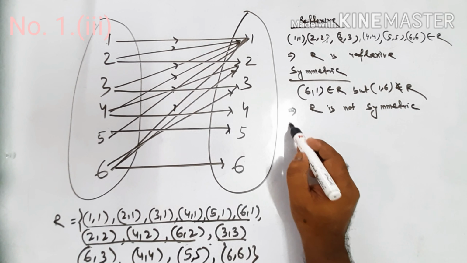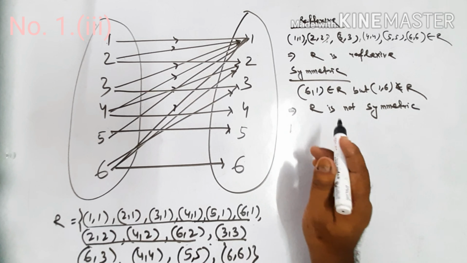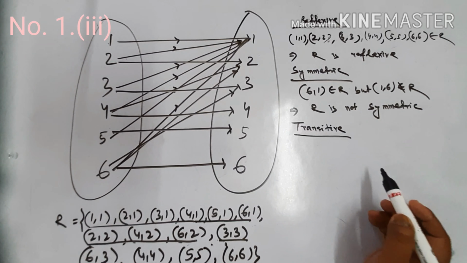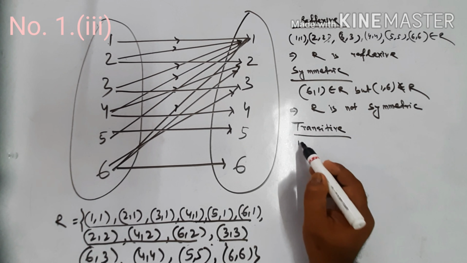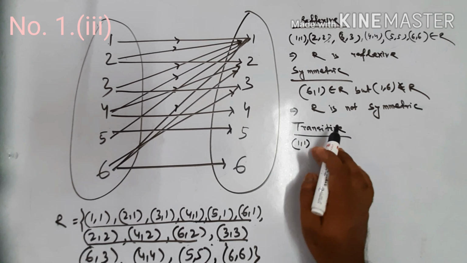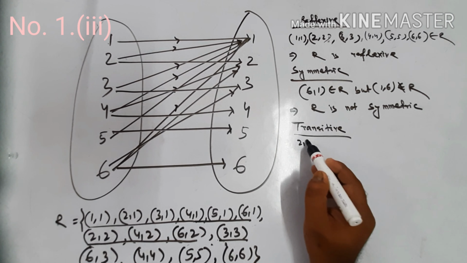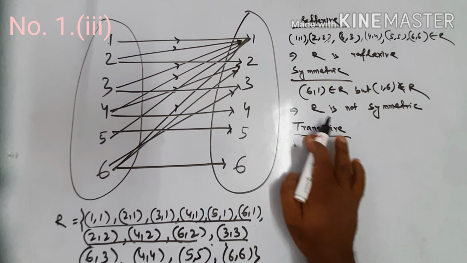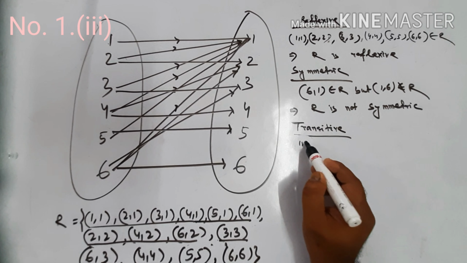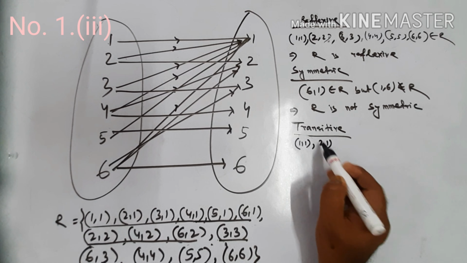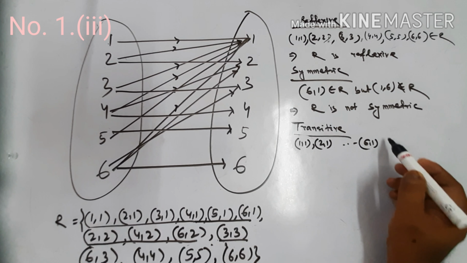Then transitive. See here, (1, 1): there is no element starting with 1 other than this, so it is clearly transitive. Then you go to (2, 1): there is no element starting with 1 after it, so clearly (1, 1), (2, 1), like this up to (6, 1) are transitive.